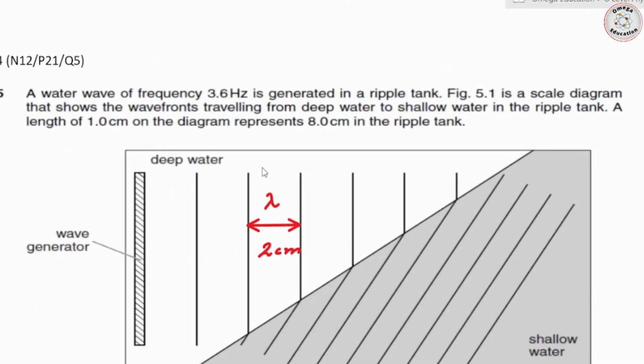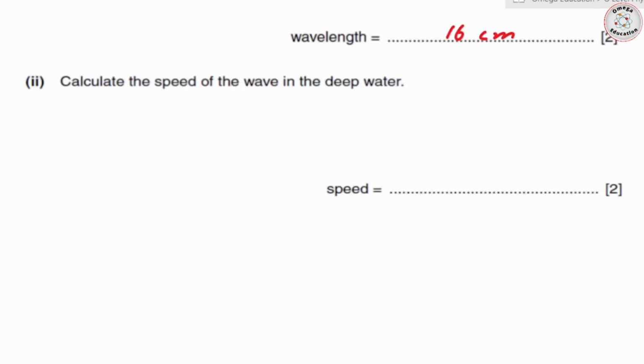In order to measure the speed, you just multiply frequency by the wavelength. This is your frequency, 3.6 hertz.